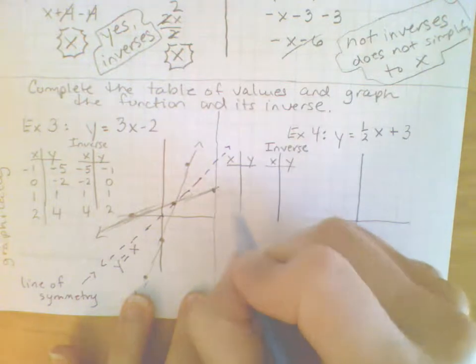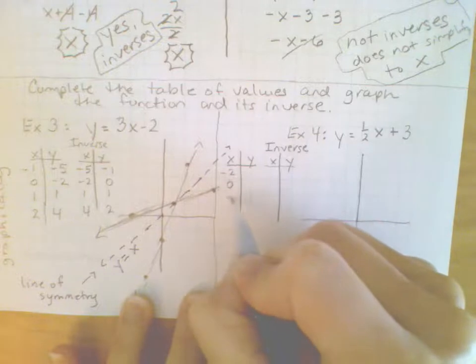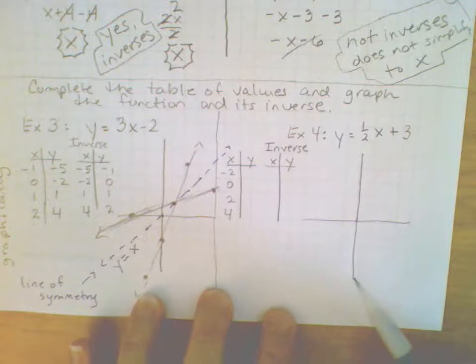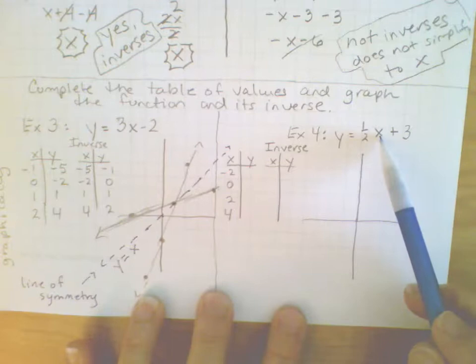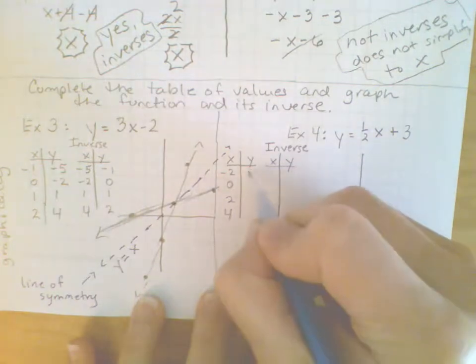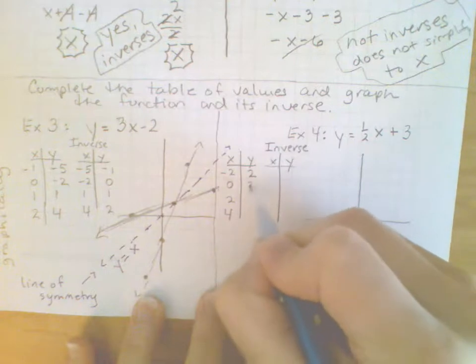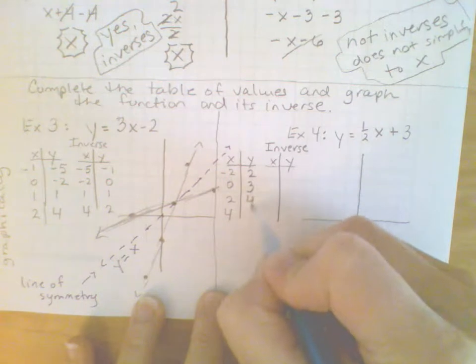So if I use -2, 0, 2, and 4, that'll simplify to a nice clean number. So I'm going to take a -2, plug it in for x. Okay, that's going to be -1 plus 3 is 2. 0 in there would be 3. 2 is going to be 4, and 4 is going to be 5.